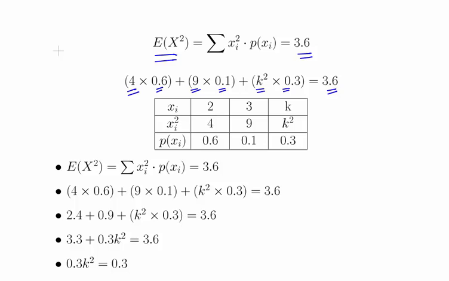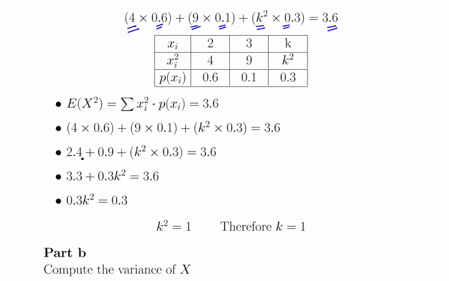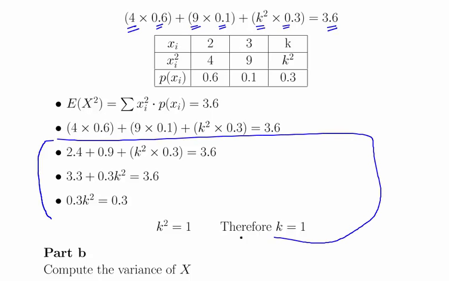So 2.4 plus 0.9 plus k squared times 0.3 equals 3.6. So that's 3.3 plus 0.3 times k squared is 3.6. That means 0.3 times k squared equals 0.3, so k squared is equal to 1.